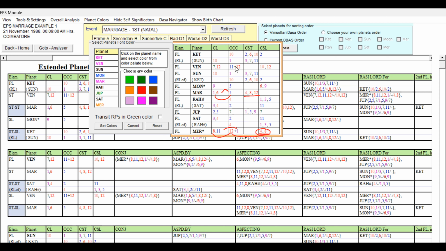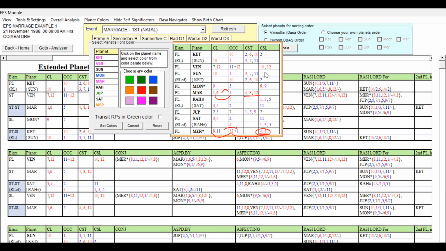I'm trying to explain each chart with the self-signification, left to right. If you are able to study carefully and estimate the planet's strength, whether it is going to be favorable or mixed, and what level it is, favorable or unfavorable, if you are able to get practice, then the same way we are studying left to right, when we are studying top to down, the same way we are going to study.